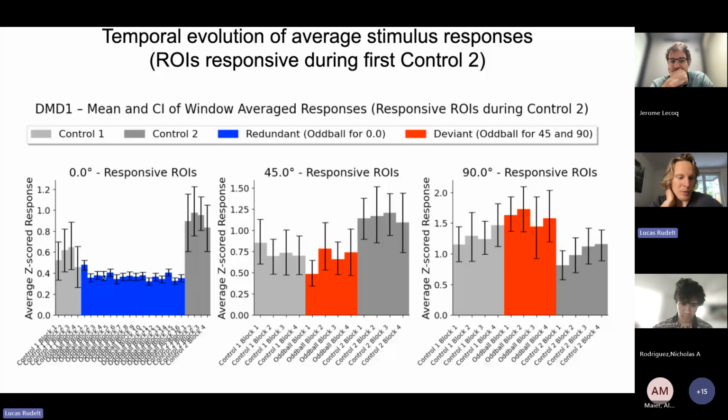We have a pretty consistent level of activity during the oddball, and then very rapid release of inhibition and from depression as well during the second control, and stronger responses in the first oddball. It's a very different effect, and this definitely cannot be explained by synaptic depletion or photobleaching, because the effect is the opposite, right?